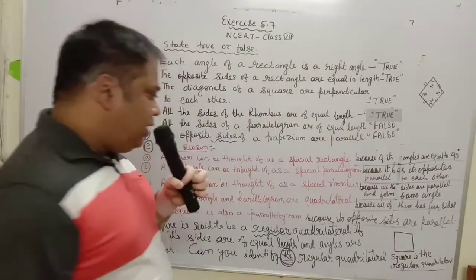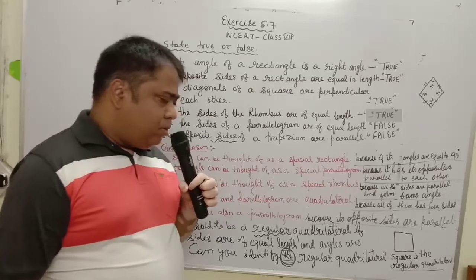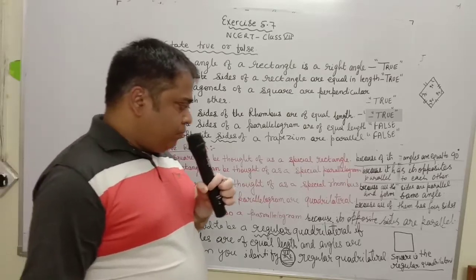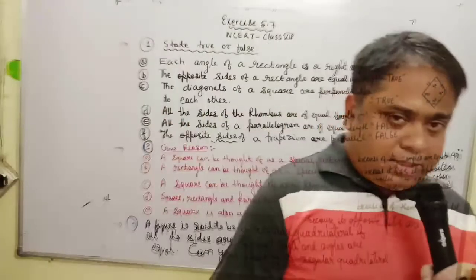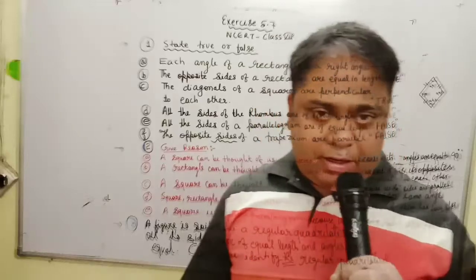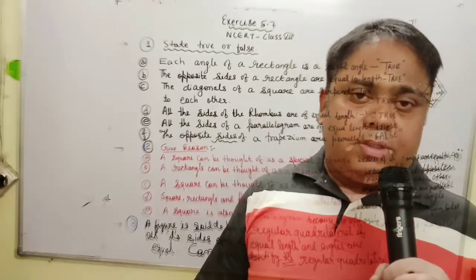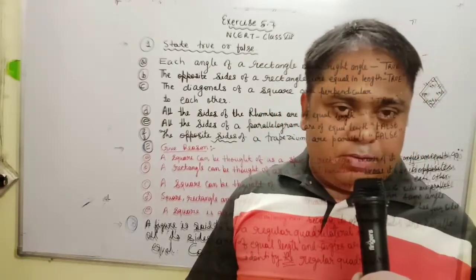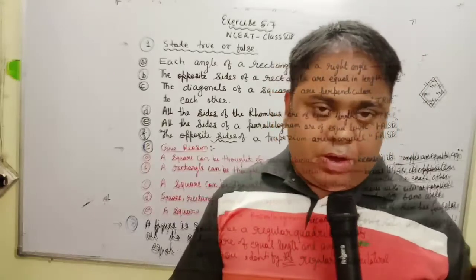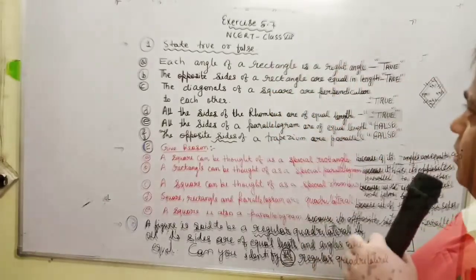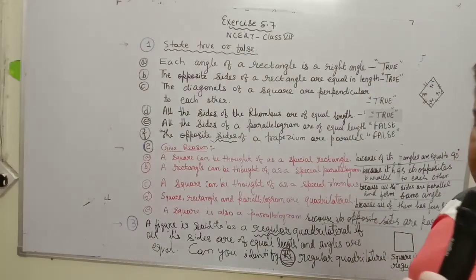So square is the only example of a regular quadrilateral because all of its angles are the same, that is equal to 90 degrees, and all the sides are of the same length. So with this we have completed exercise 5.7. You can note down this thing now.